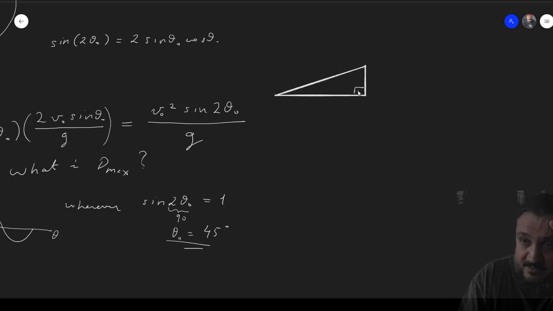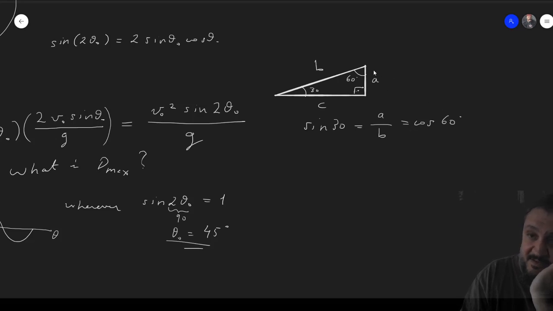A right triangle. Here you have one angle, 30, and here you have 60. A, B, C. When I say sine 30, I'm talking about A over B, side opposite over hypotenuse. But that's the cosine of 60, adjacent over hypotenuse. And of course cosine 30 is sine 60.